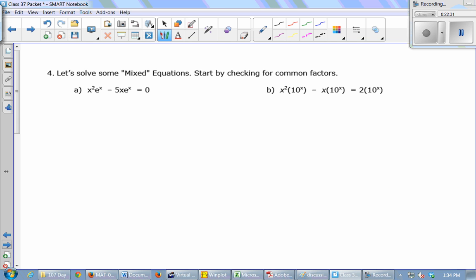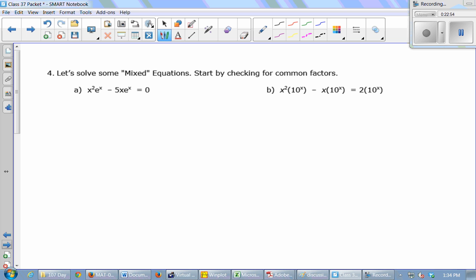All right, let's look at some of these ugly mixed equations. In part A, what do you notice about the two terms there? There's an x in both of them, and what else do they have in common? e to the x.